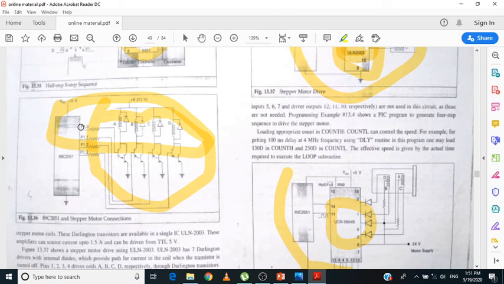The current coming from any IC, not only the microcontroller, is in the milliamperes range. That milliampere current is not sufficient to satisfy the expectations of your motor. The motor is expecting 1 ampere, 2 ampere, 3 ampere current. That purely depends on the capacity of your motor.